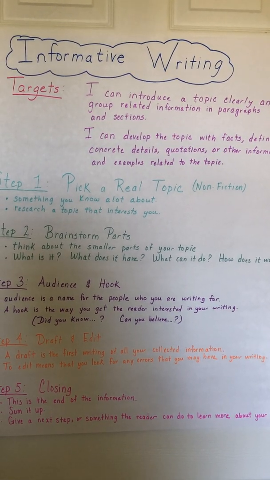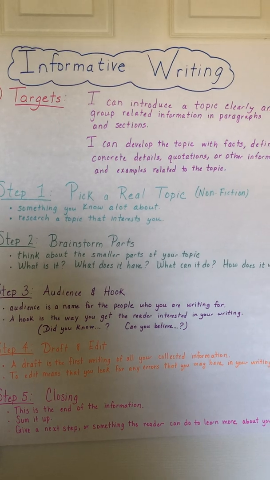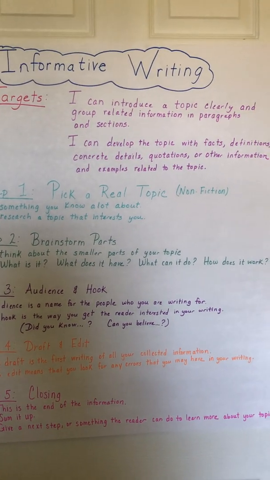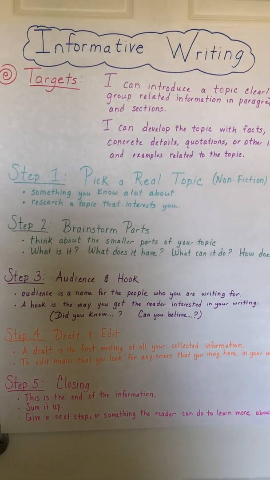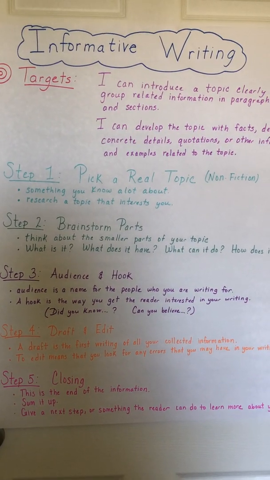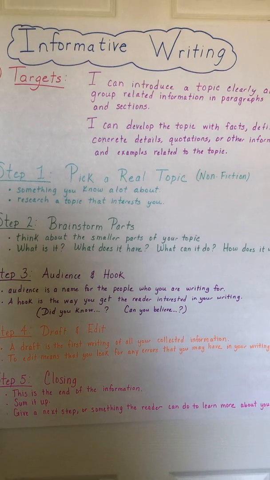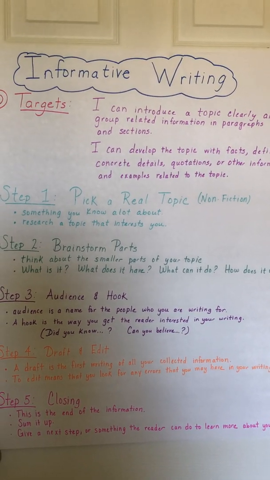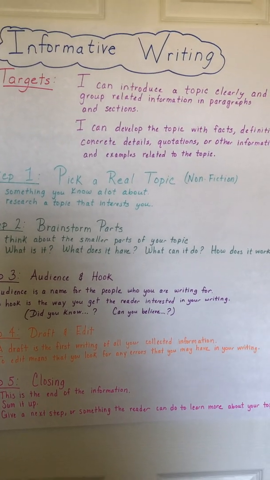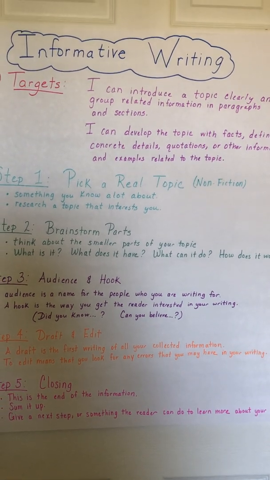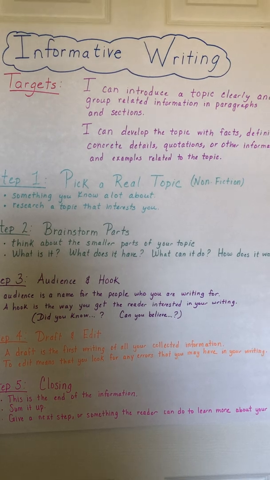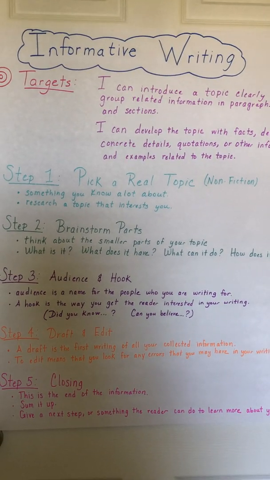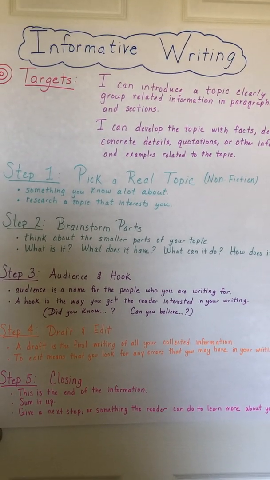So unlike last week where I gave you the topic, this week you're going to have a little bit more choice, I should say, okay? So you will have more of an opportunity to decide on your own what really interests you and what's something you know a lot about, okay? But this type of writing is really different than opinion because you're not stating opinions, you're stating facts or real information. So that's the biggest difference between opinion and informative.